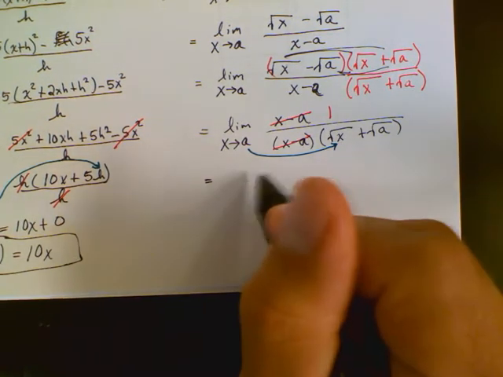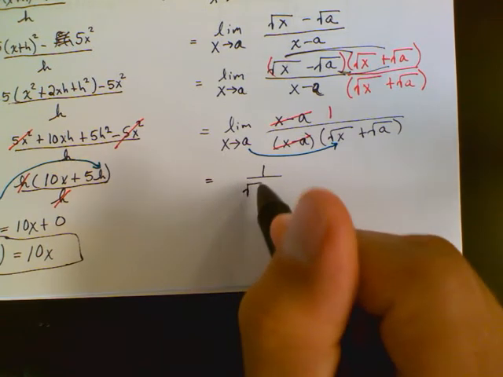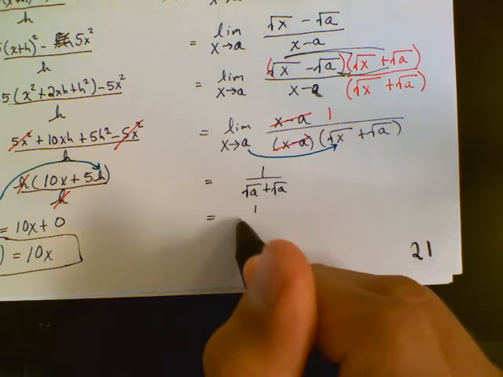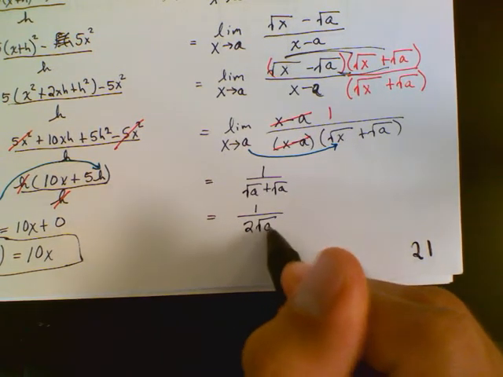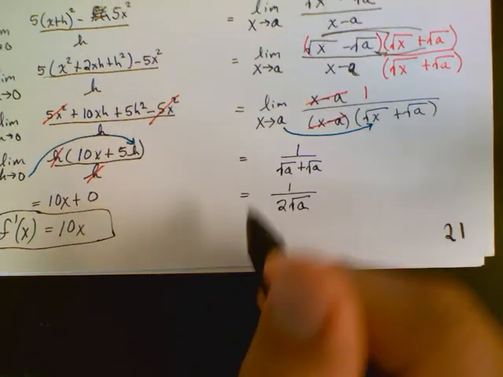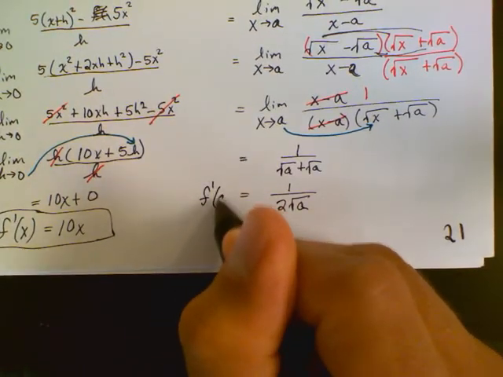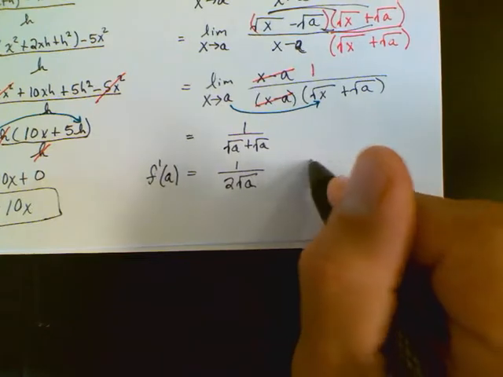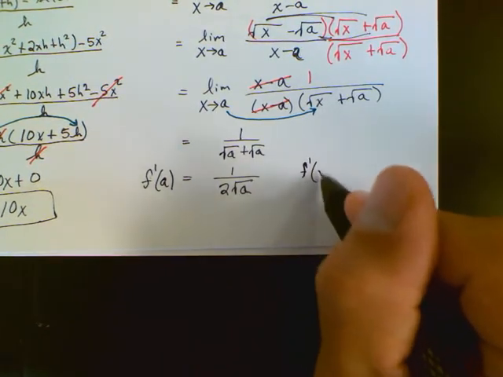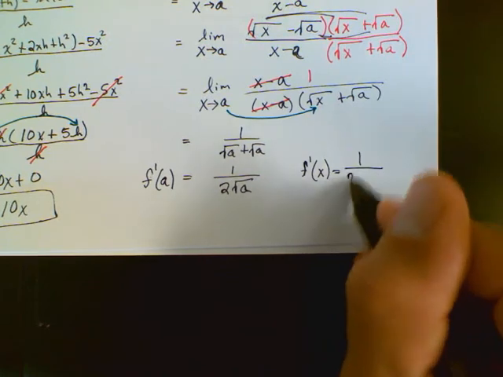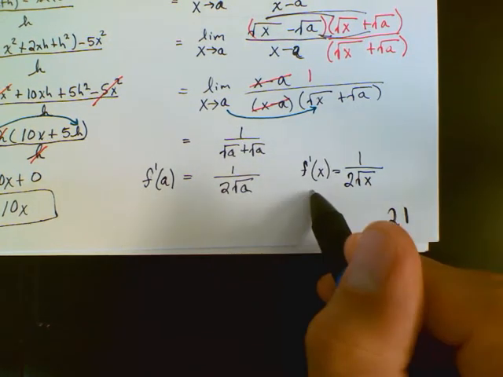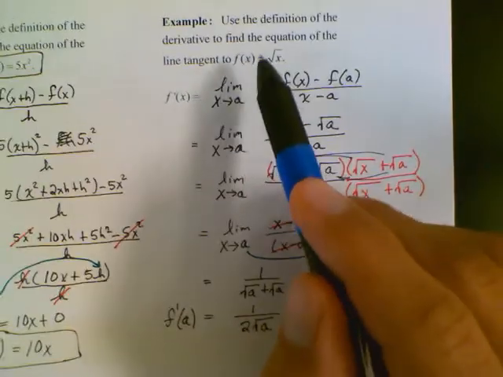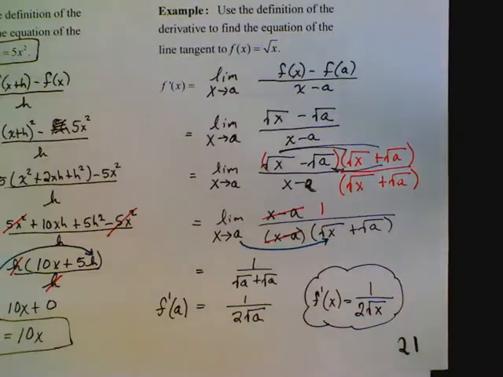If we substitute in a, I'm getting 1 over the square root of a plus the square root of a, which would be 1 over 2 square roots of a. And really, this is actually f prime at a. So if I mixed the terms up a little bit, I would have found f prime of x. So f prime of x is just 1 over 2 square root of x. Now that one's a little bit harder to see, the connection between the answer and the problem, but this is indeed the answer to it.